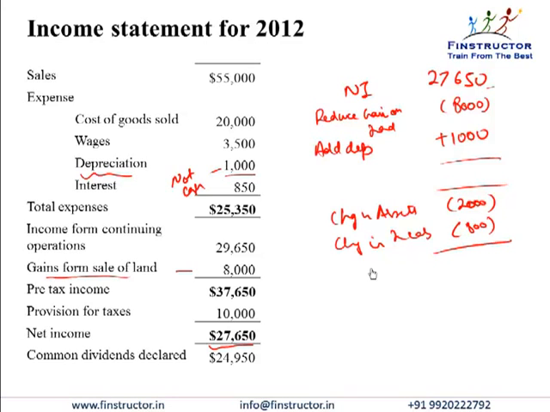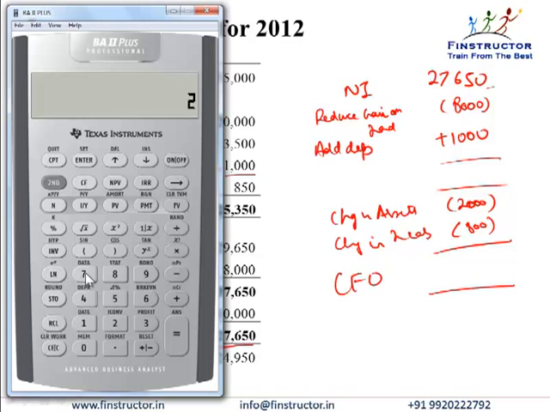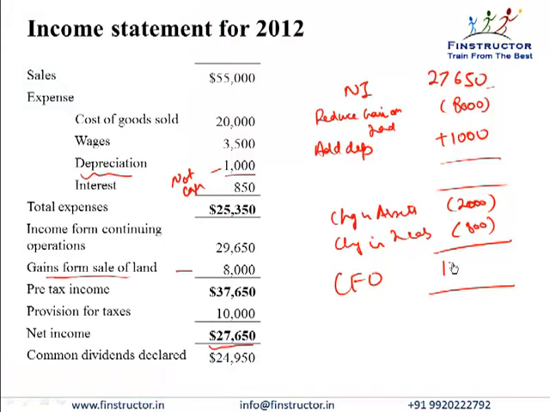We will get the cash flow from operations as 27,650 minus 8,000 plus 1,000 minus 2,800, which is 17,850. Please note this is the same calculation that we had derived using the direct method, and now we've represented it using the indirect method.